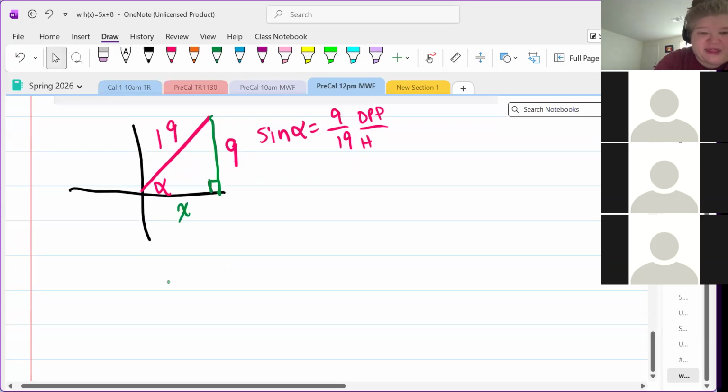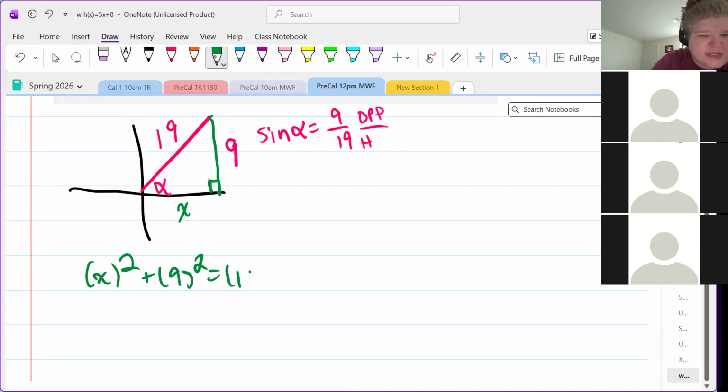So I need to use Pythagorean theorem to solve for the third side here. So I've got x squared plus 9 squared equals 19 squared. So that's 81, and 19 squared, I believe, is 361.